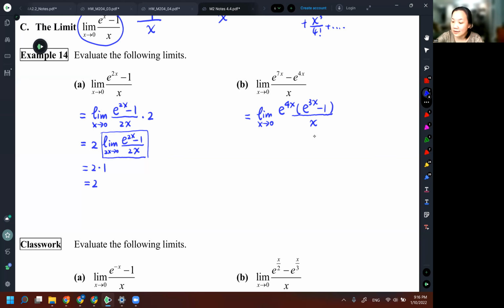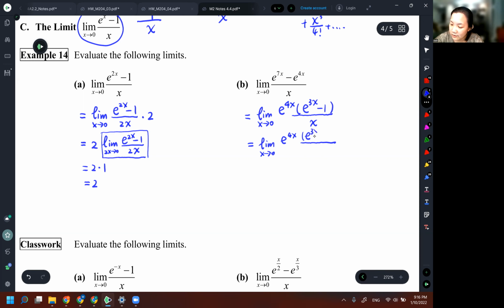Okay. In my next step, I will do limit x tends to 0 of e to the power 4x, and then this time I will have e to the power 3x minus 1, and then I will have 3x. And then I will multiply 3 here. Okay?